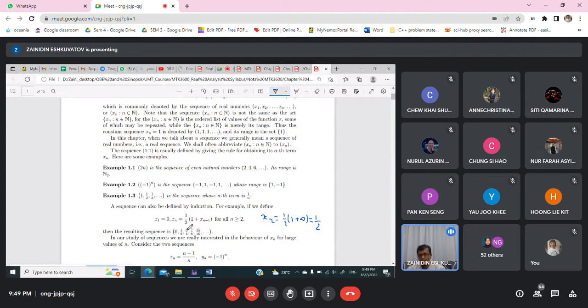So how to find it? For example, if I give only this, 2, 4, 8, 16, 2 to the power 8, how can you find xn?